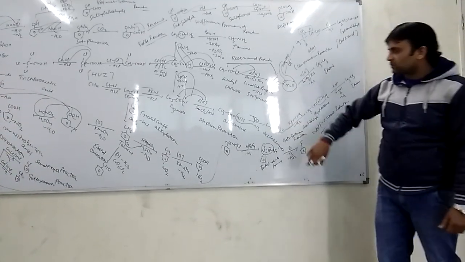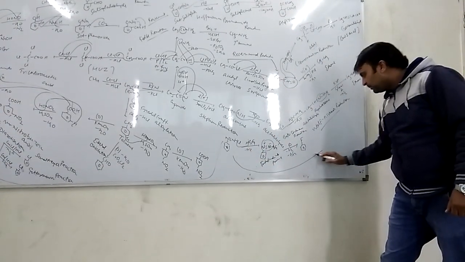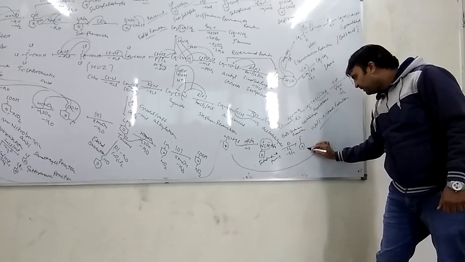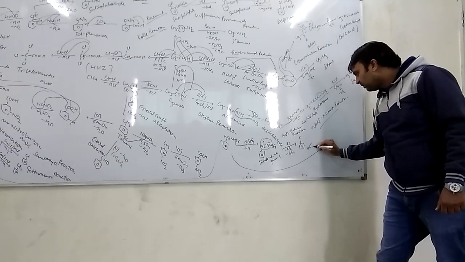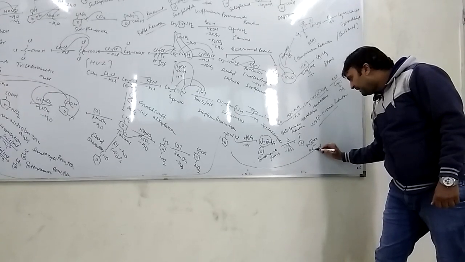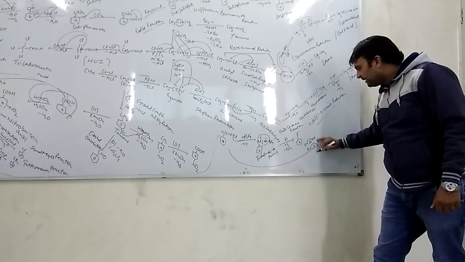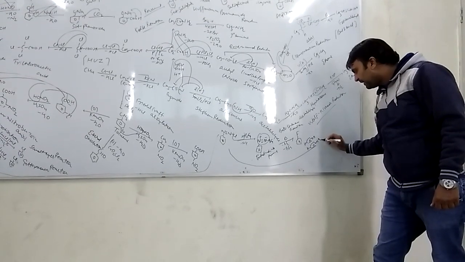Now we come to the next reaction, that is the coupling reaction. What is coupling? If this BDC is treated with phenol, this is the phenol, or you can take aniline. This is the phenol and this is the aniline. You know aminobenzene is called aniline.